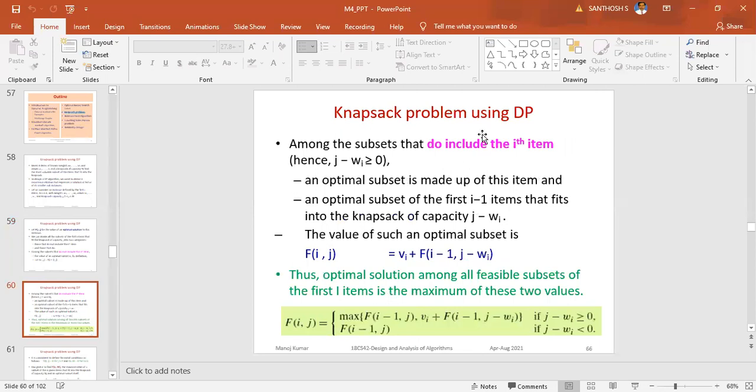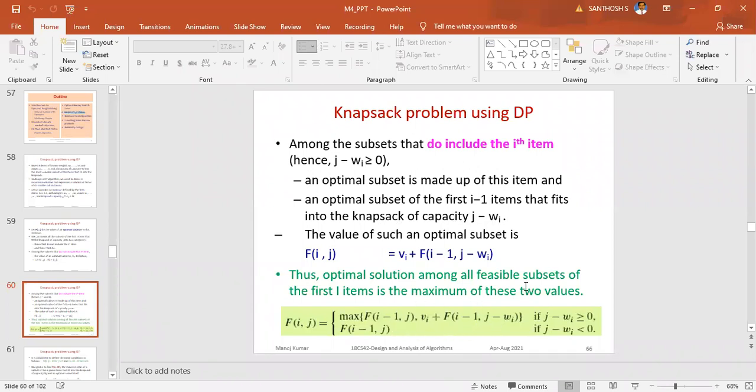Among the subsets that do include the ith item, with j minus wi greater than or equal to 0, the optimal subset is made up of this item and the optimal subset of the first i minus 1 items that fits into the knapsack of capacity j minus wi.